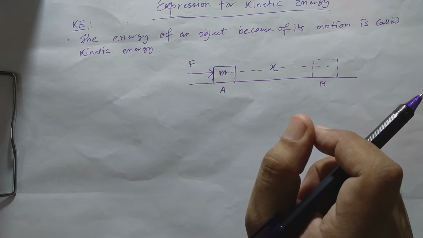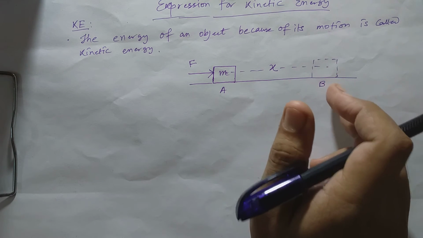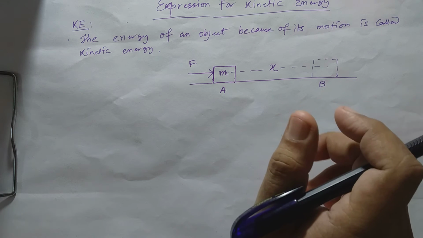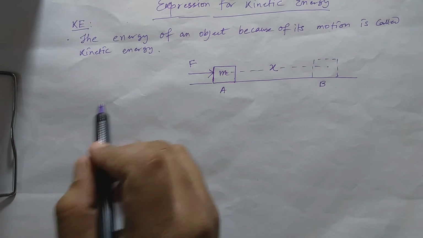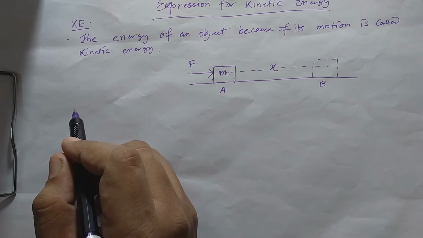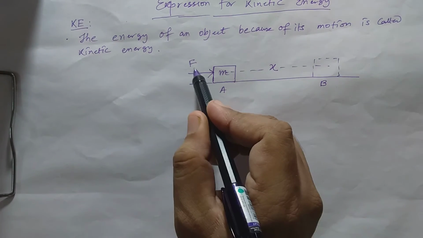Now I have to find out the velocity v at B. First you find out the acceleration of the body. Mass is given, force is given.